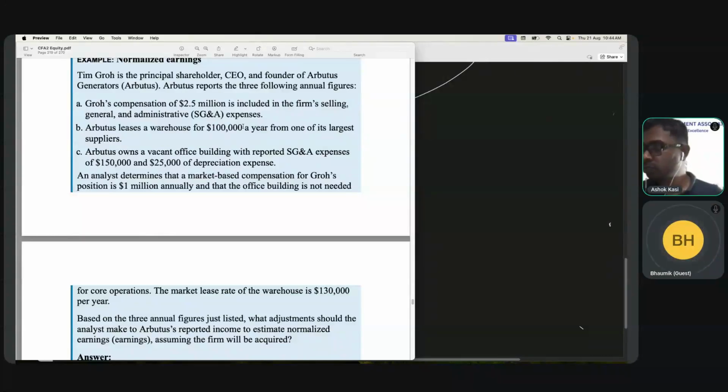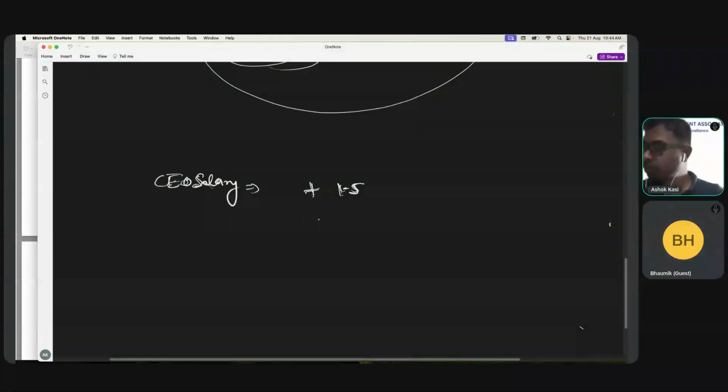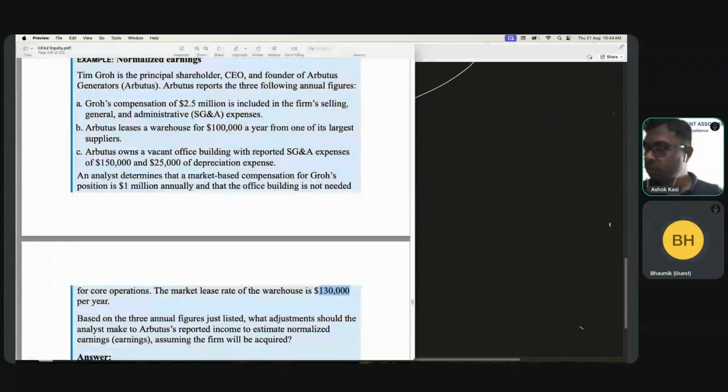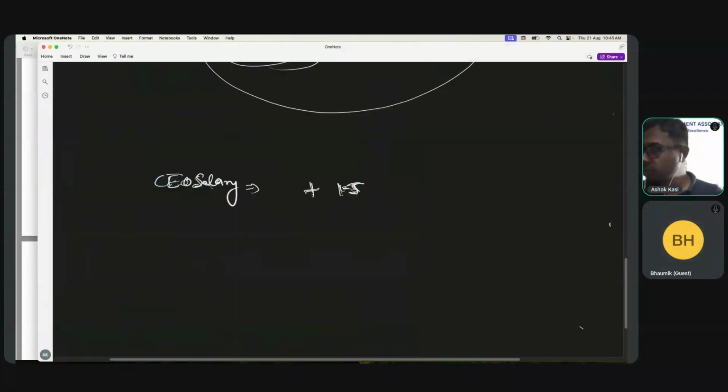We are the acquirer, so if we take it, we have to pay 130,000. That means we have to spend 30,000 more, so minus 30,000. So this is plus 1.5 million, and then minus 30,000.